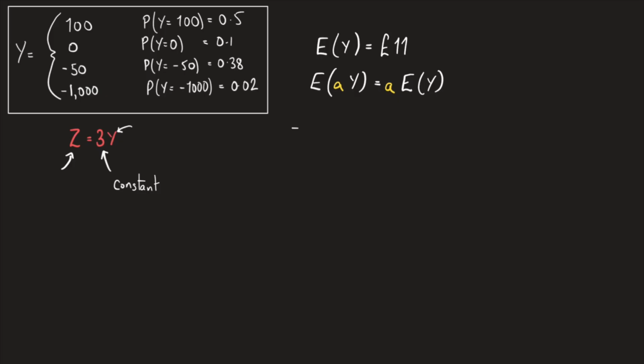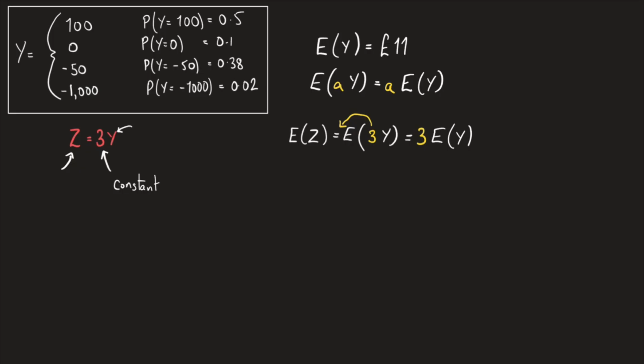So we can write that the expectation of z is just equal to the expectation of 3 lots of y, and we can take that 3 outside of the expectation, giving us that this is equal to 3 lots of the expectation of y.